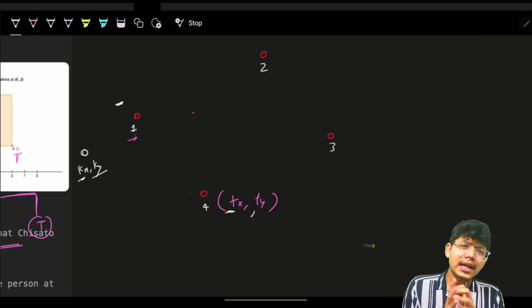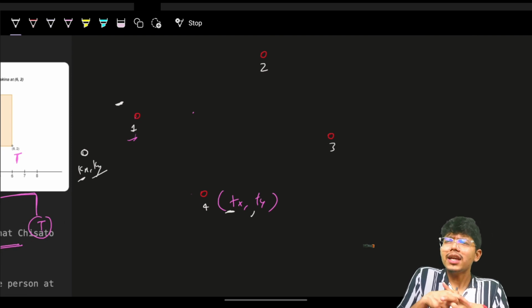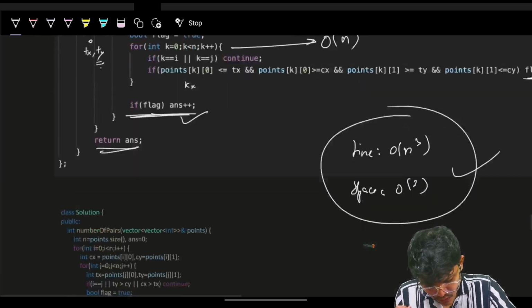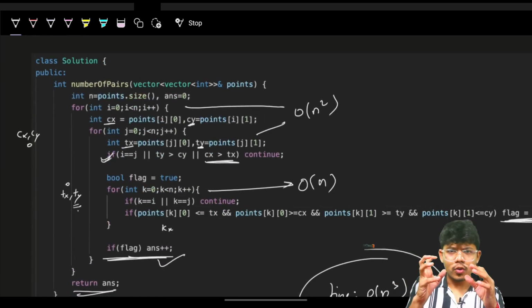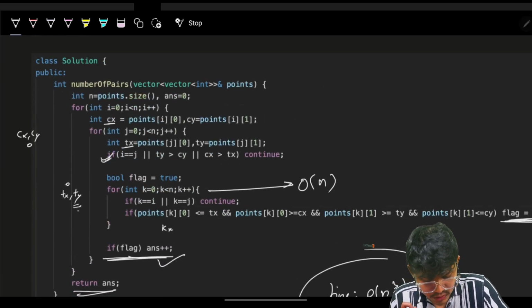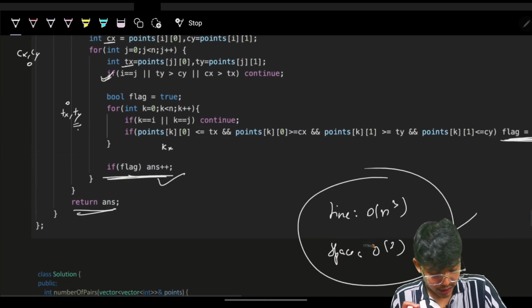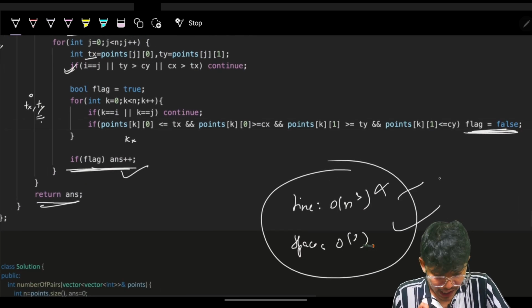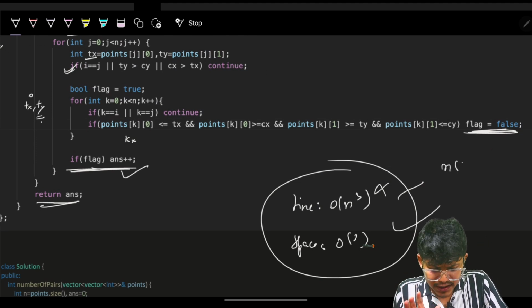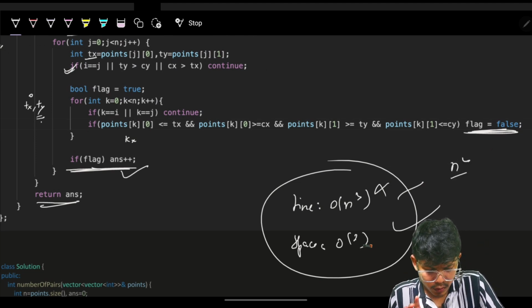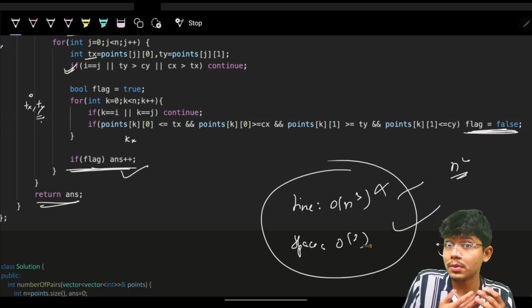But if we go back and look at the specific code, what can I reduce? I know I cannot do O of n cube, but I know my n is 1000, so I can do O of n square. O of n square will still work, which means I can still try for all the possible pairs.